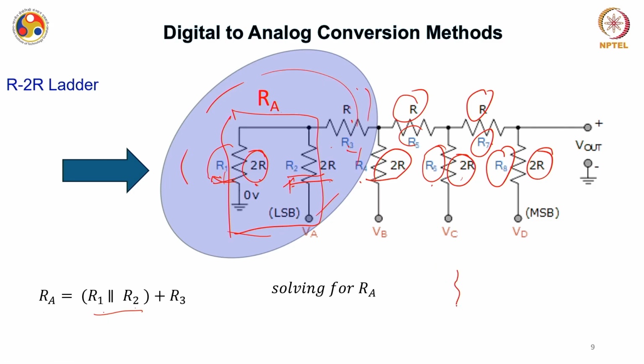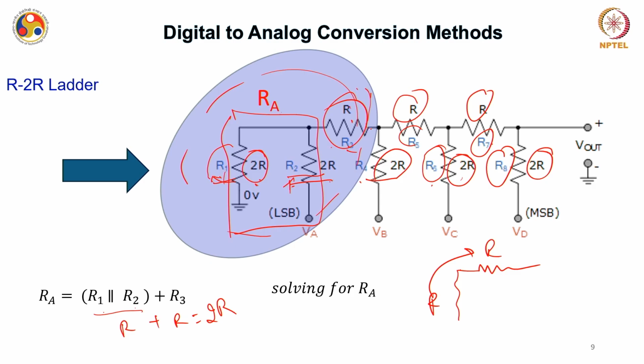So I have R in series with this particular R, so R and R are now connected in series. The equivalent is R plus R3, which is again R, so RA is basically 2R. Similarly, we can look at the other configuration.